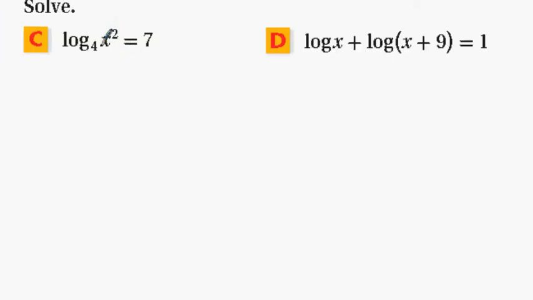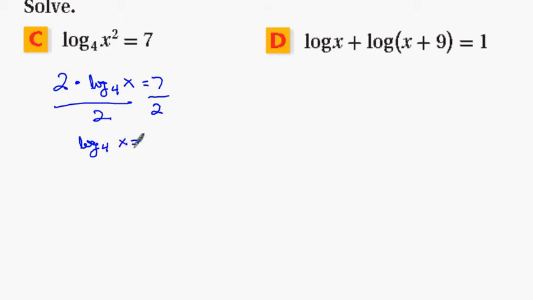Here I have log base 4 of x squared equals 7. So this turns into, using the power rule, 2 times log base 4 of x equals 7. Dividing both sides by 2, now I have log base 4 of x is equal to 3.5.